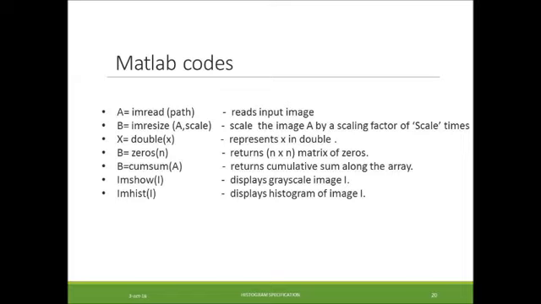B equal to imresize A comma scale scales the image A by a scaling factor of scale times. X equal to double of x represents x in double. B equal to zeros of n returns an n by n matrix of zeros. B equal to cumsum A returns the cumulative sum along the array. imshow of I displays the grayscale image of I. imhist of I displays the histogram of image I.